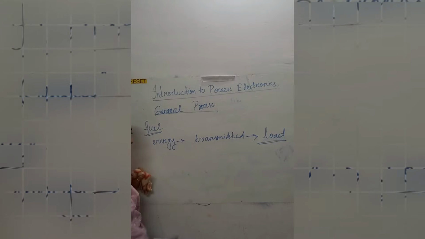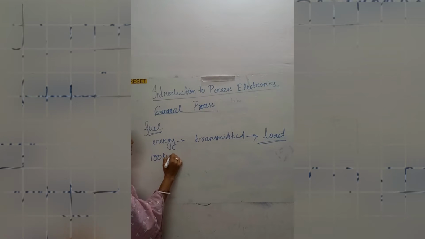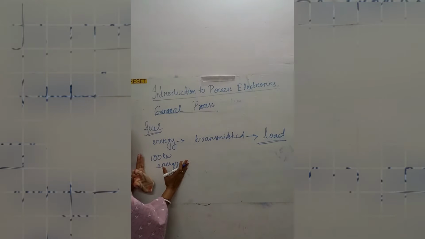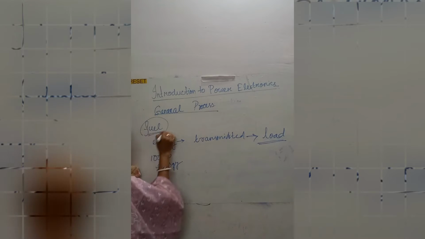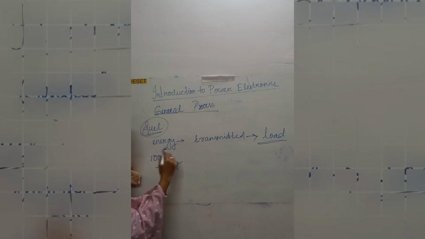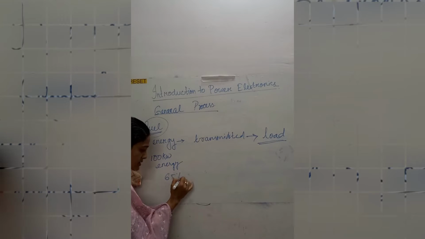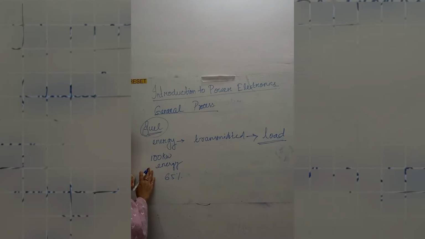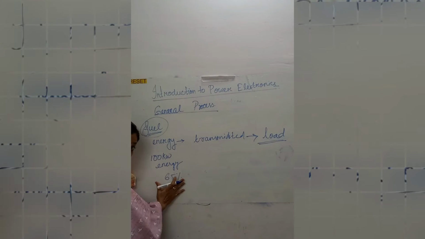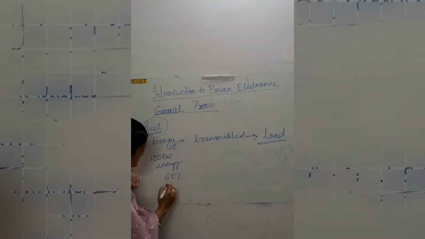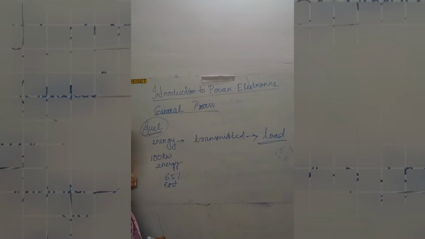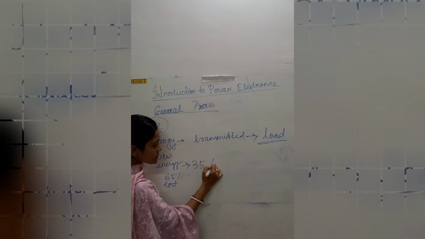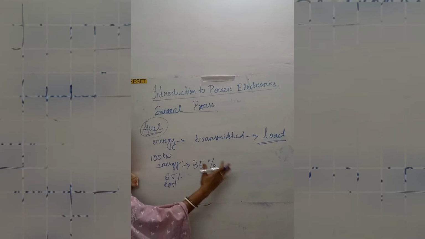Here, suppose for example we are taking 100 kilowatt energy from burning this particular fuel. From this 100 kilowatt of energy, 65% of this energy is lost and only 35% is transmitted.